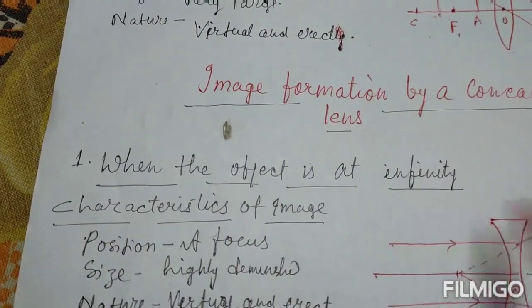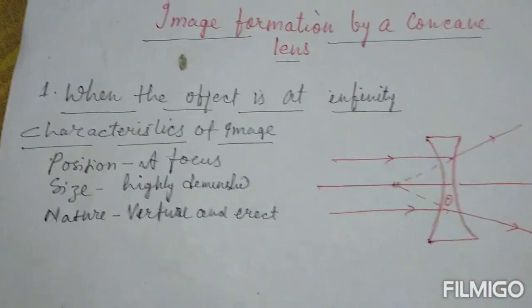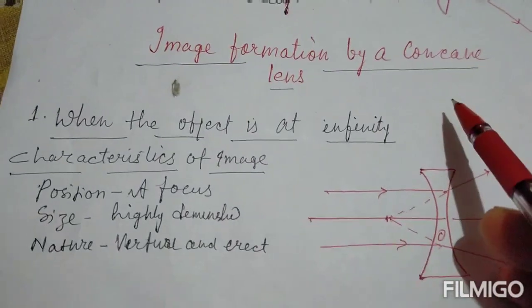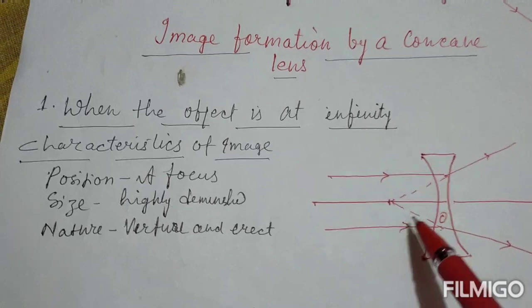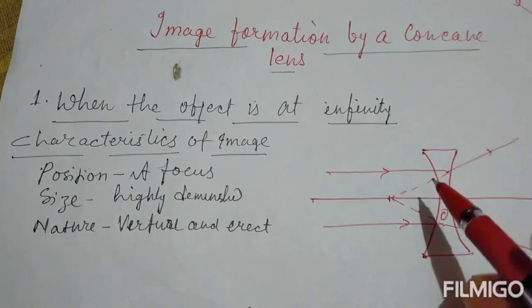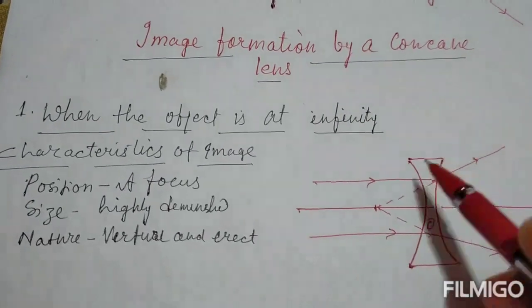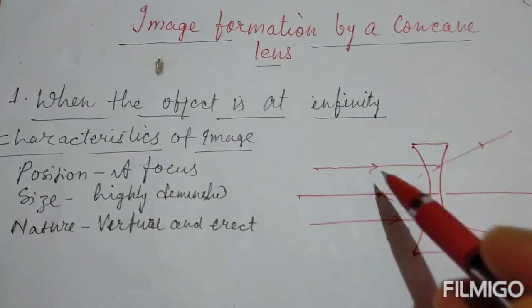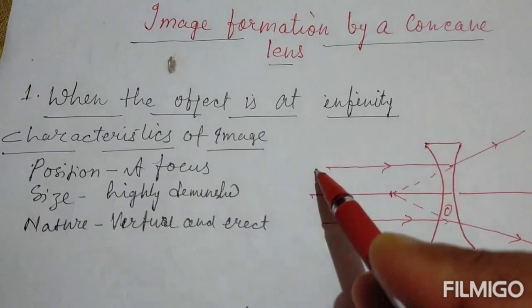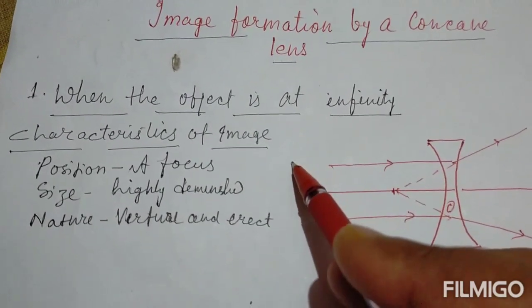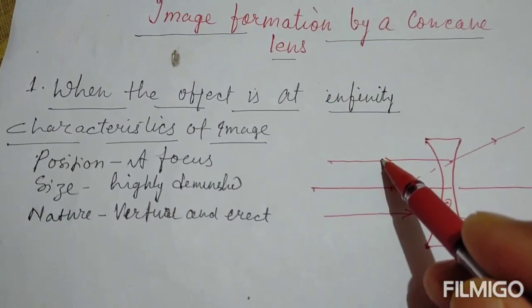When the object is at infinity, what will be the characteristic of the image in case of concave lens? So we will use the rays which we have studied previously. The rays are coming from infinity and parallel to the principal axis.